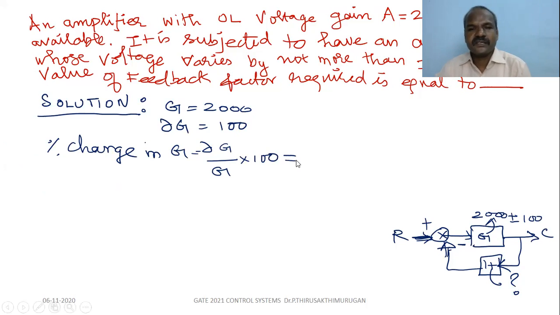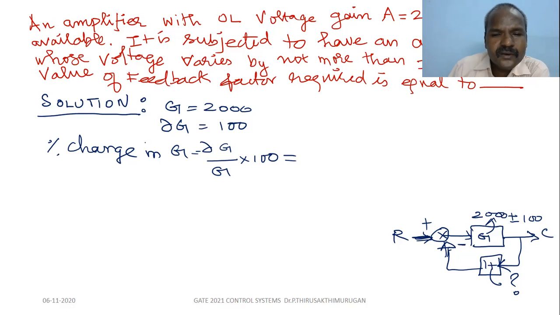What is the percentage change in G? ∂G is 100 divided by 2000, right?